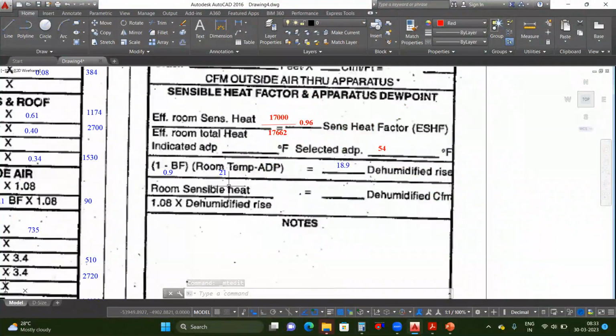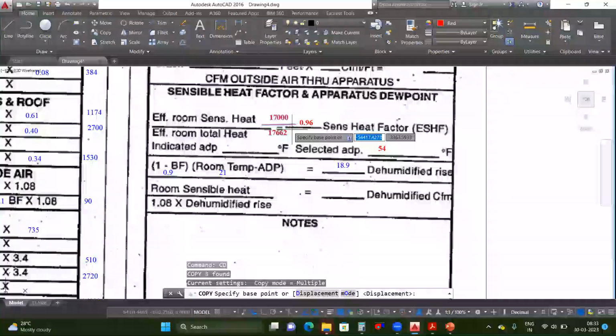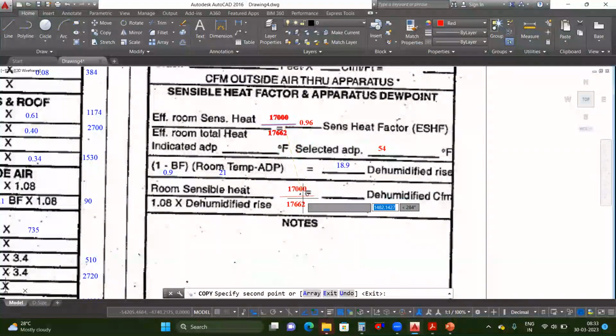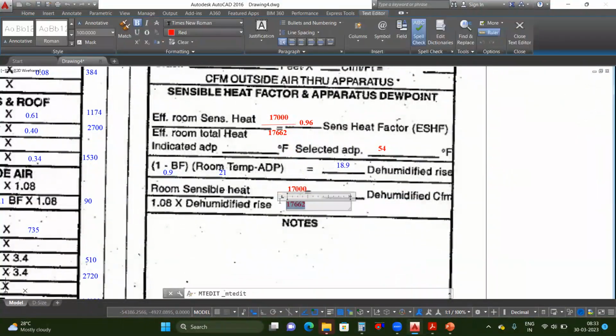So what is the room sensible heat? We know that it is 17,000 divided by 1.08 into dehumidified rise. Dehumidified rise we have calculated, that is 18.9.